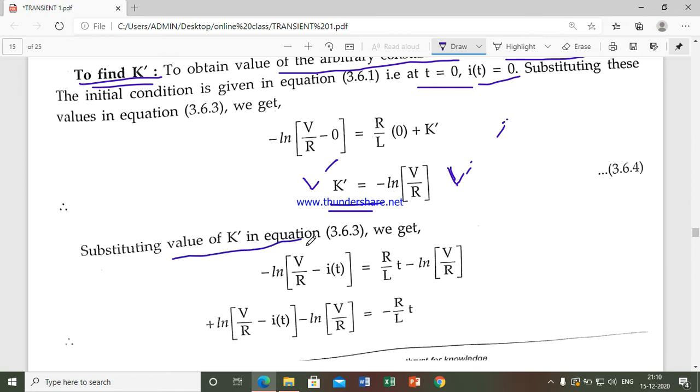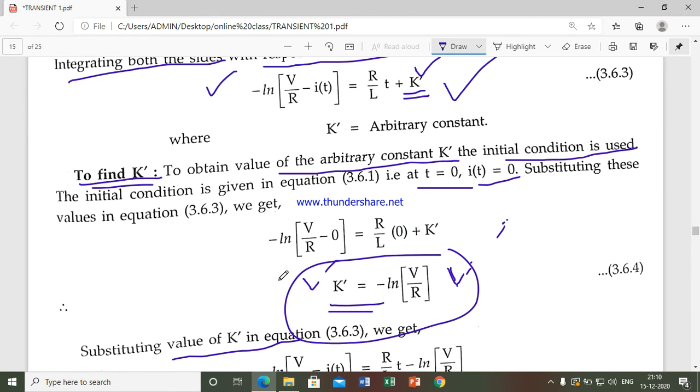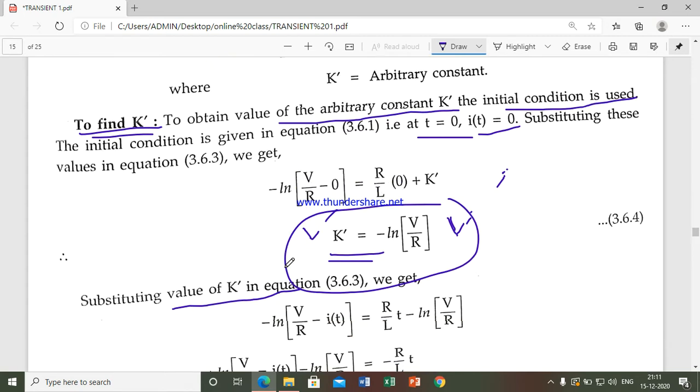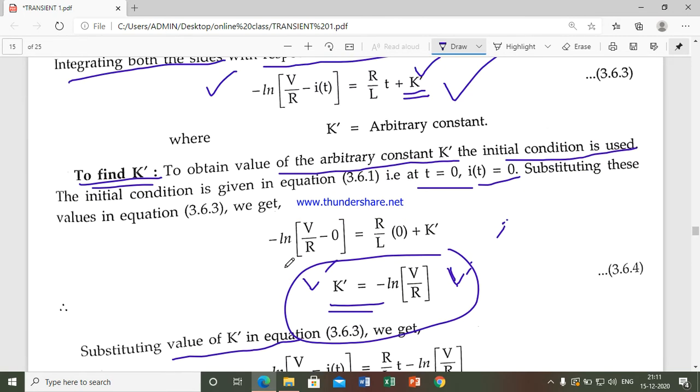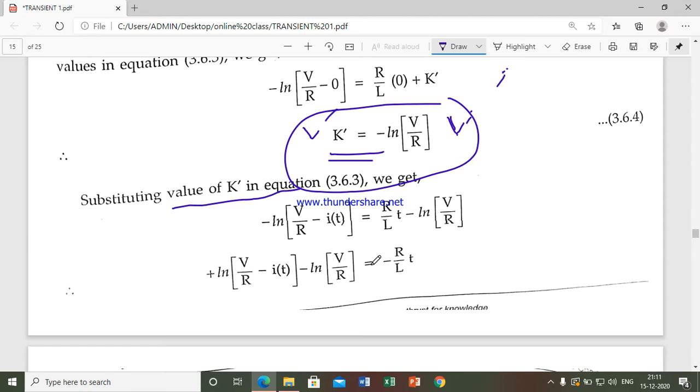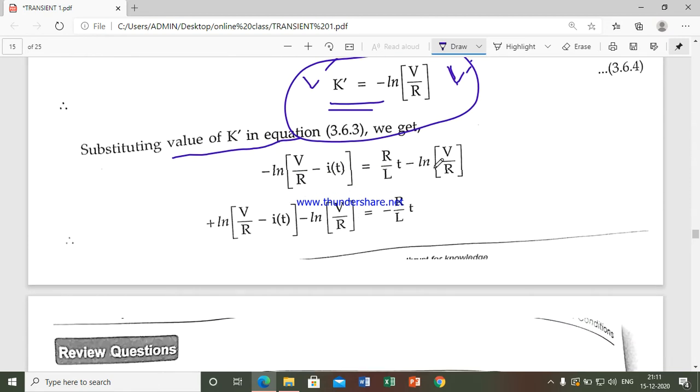Substituting the value of K dash, we get minus ln V by R minus I of t equals minus R by L of t minus ln of V by R. So here I have substituted the value of K dash in the above expression, where you had K dash. You will get this one, and you can take this term to the LHS side.